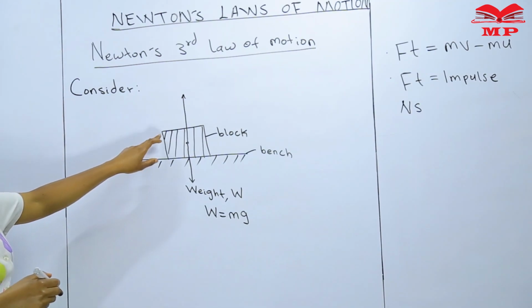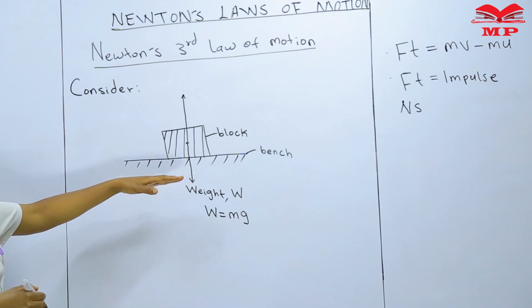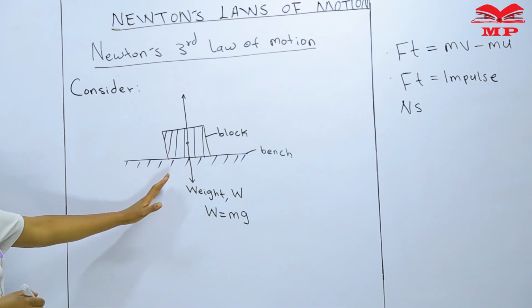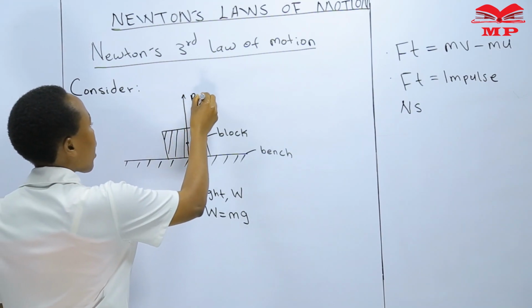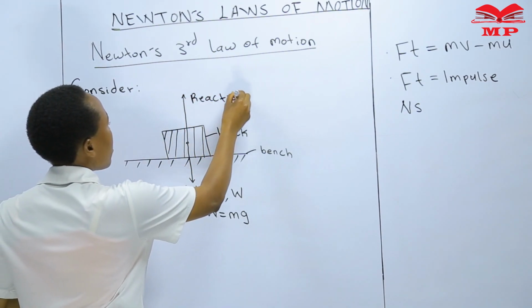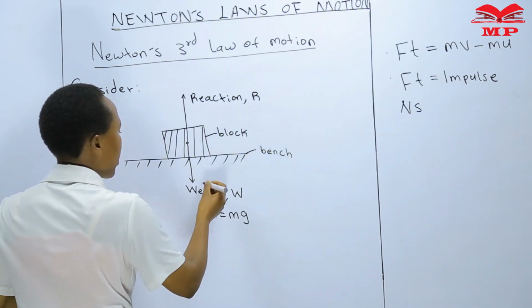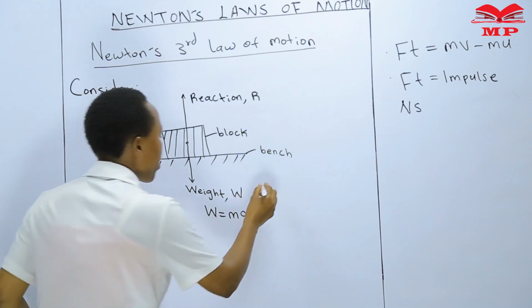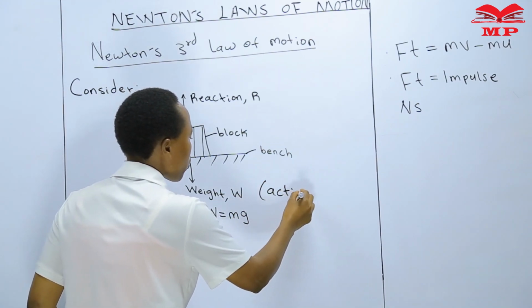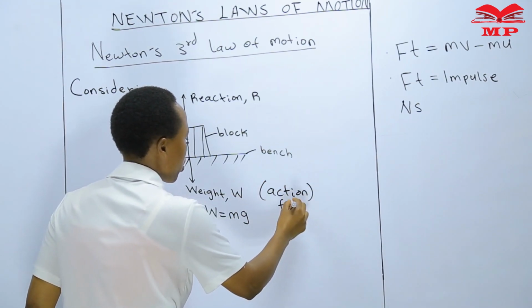So the block is exerting some force on the bench, and in return the bench is exerting some force on the block. This force, we refer to as the reaction force. The force exerted by the block on the bench, we refer to as the action force.